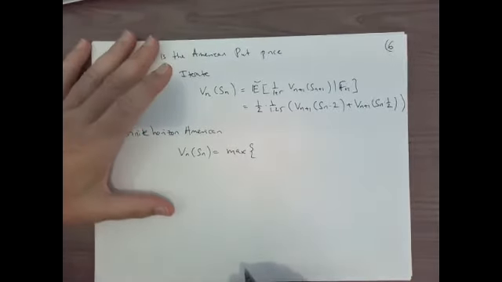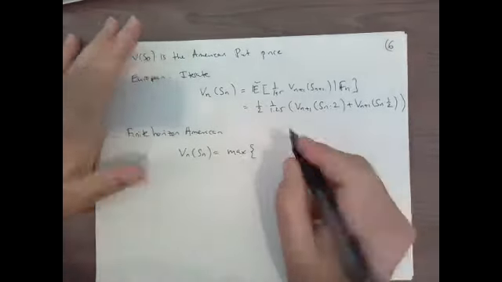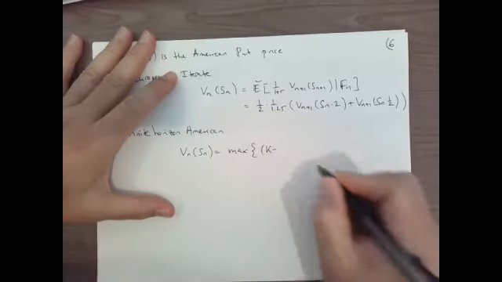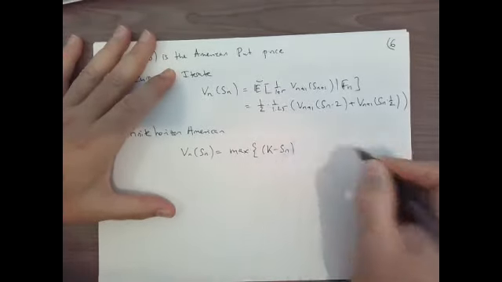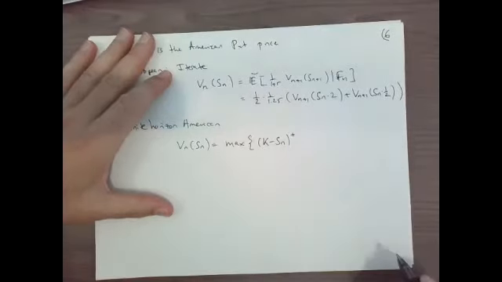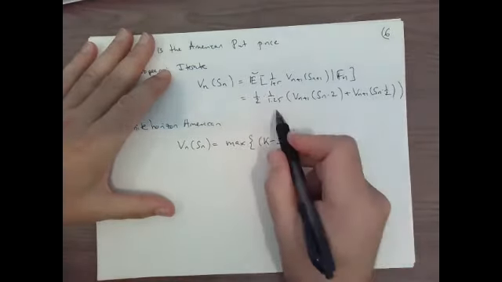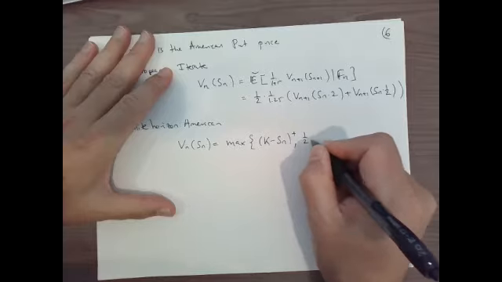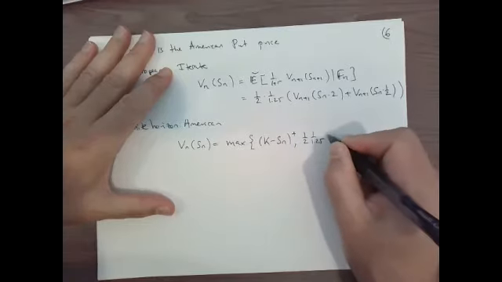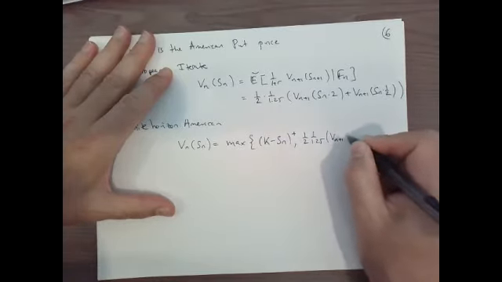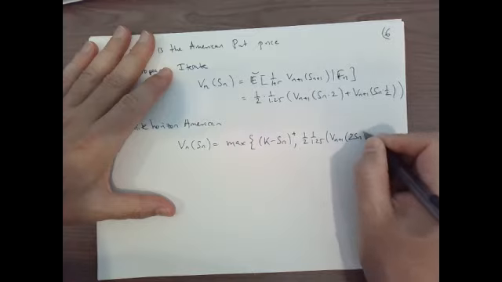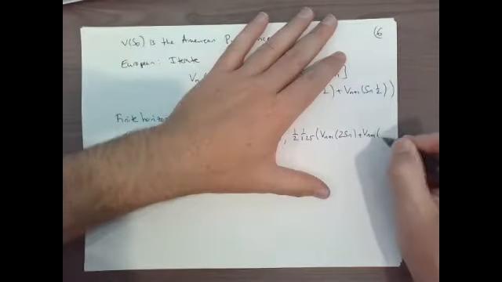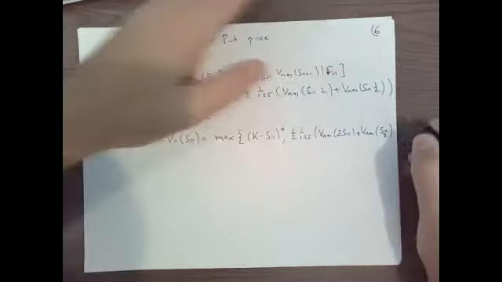So you're going to be looking at my payoff, which would be K minus S_n, positive part, and then the price you had up here: a half, 1 over 1.25, times V_{n+1} at 2 S_n plus V_{n+1} at S_n divided by 2.